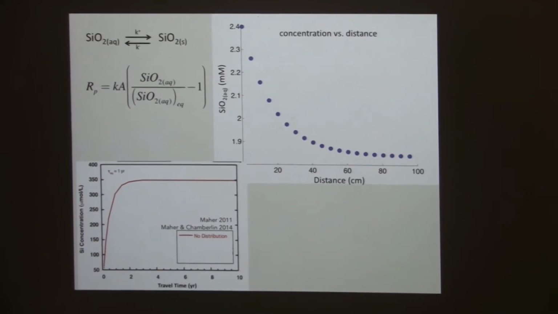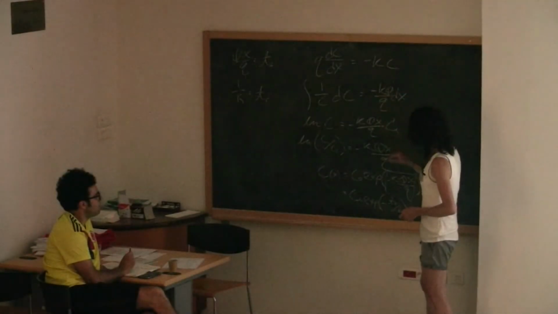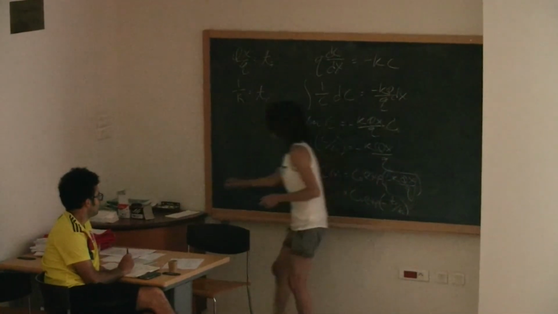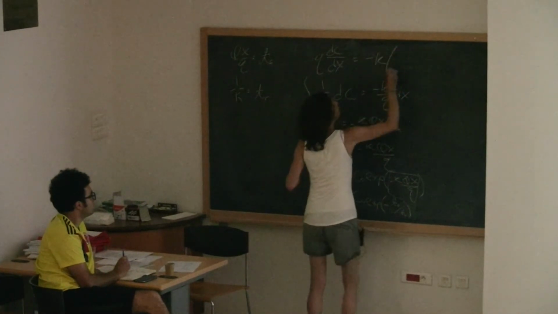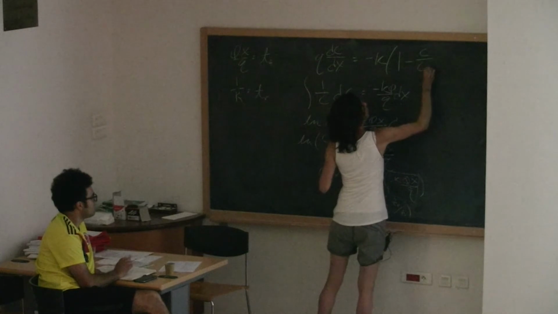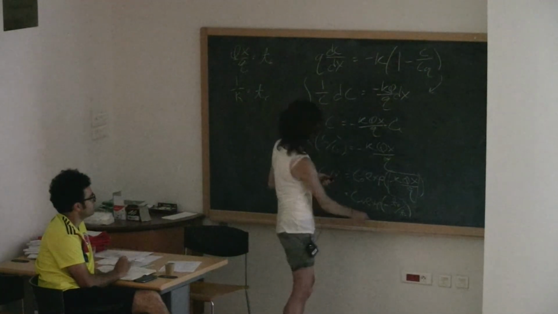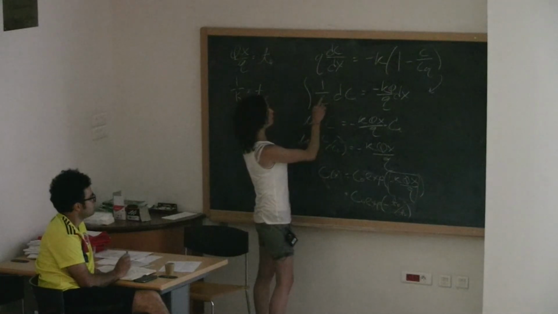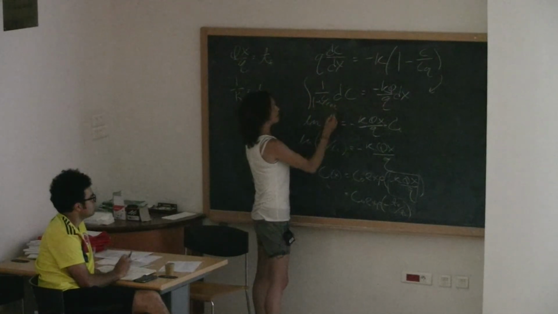The point is just that you're going to take this solution that we already did, and you're going to put that other rate law in there, right? So rather than this, you would have 1 minus C over C eq. And you can just roll with it. And it's really not so bad. You wind up over here with 1 over (1 minus C over C eq), and that's fine.